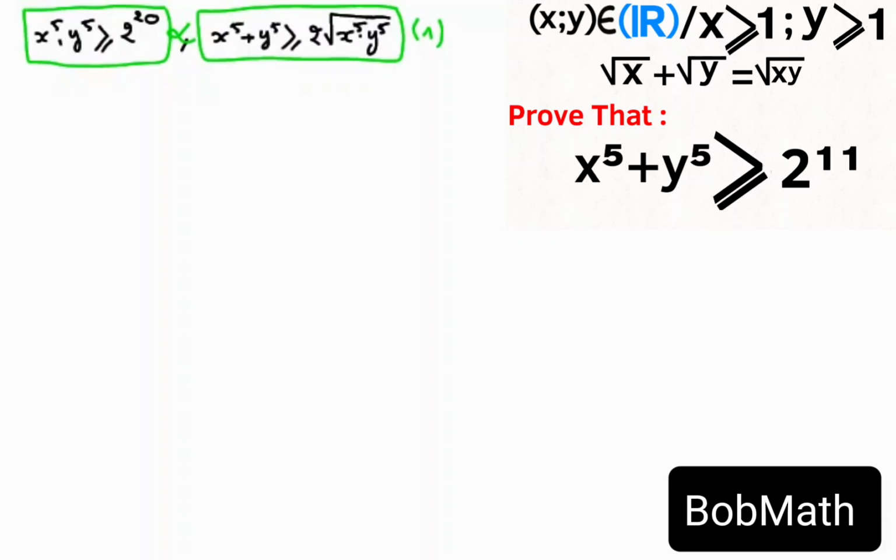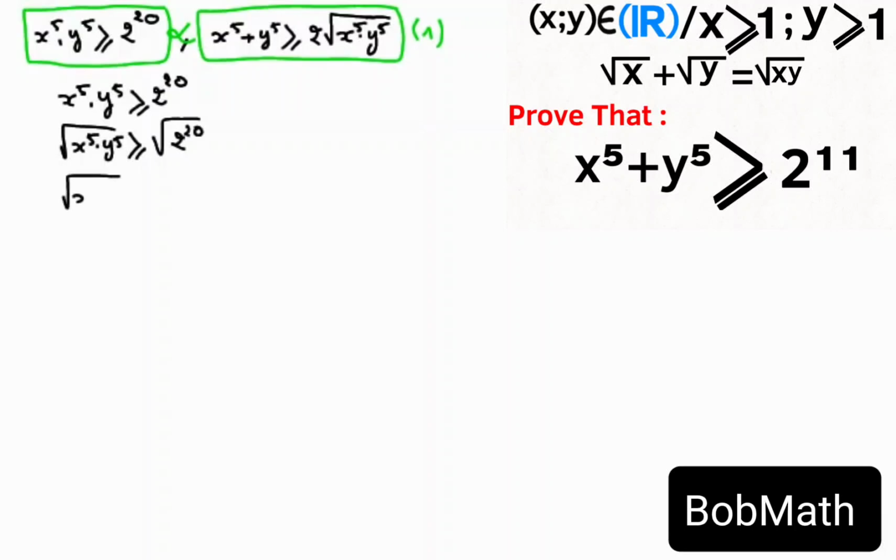From alpha we conclude that x power 5 y power 5 is greater than or equal to 2 power 20. Now we add the square root to both sides of this inequality. So we get square root of x power 5 y power 5 is greater than or equal to square root of 2 power 20.